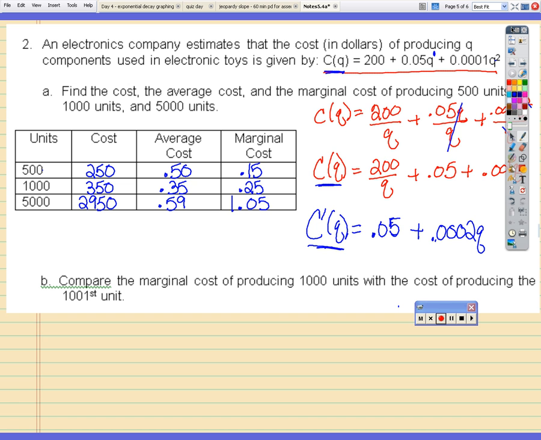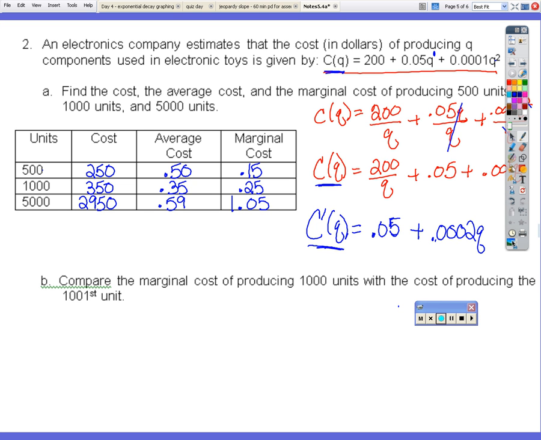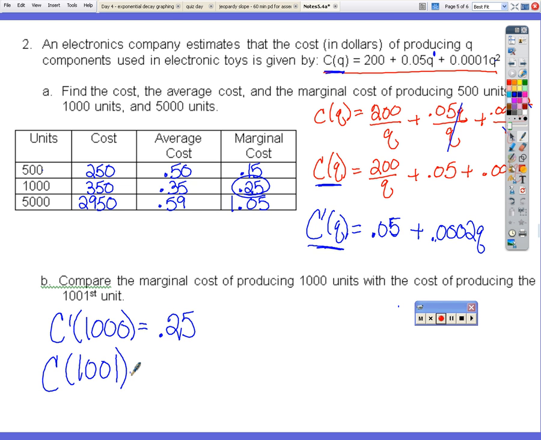For finding part B here, remember what we said on the page prior, that economists often use the cost of one more unit to be the same thing as the marginal cost. So whatever we find for the marginal cost of 1,000, using our derivative, we found that to be 25 cents. We could also say that is the cost of producing 1,001 units minus the cost of producing 1,000.